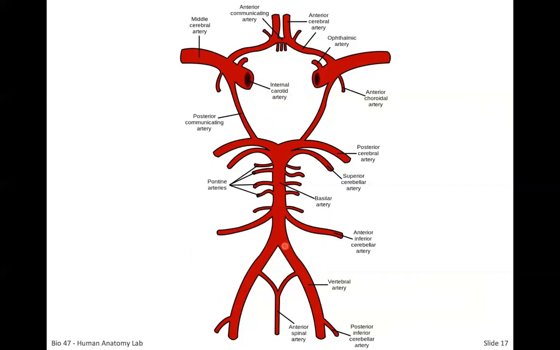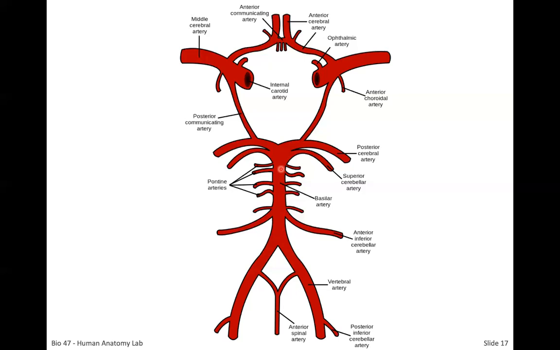So blood is coming into this circuit through the internal carotid arteries, 1 on each side, and the vertebral arteries, 1 on each side. The vertebral arteries fuse, so it's sort of like the legs go up and make the torso, and the torso is the basilar artery. So the vertebral arteries fuse and make the basilar artery.